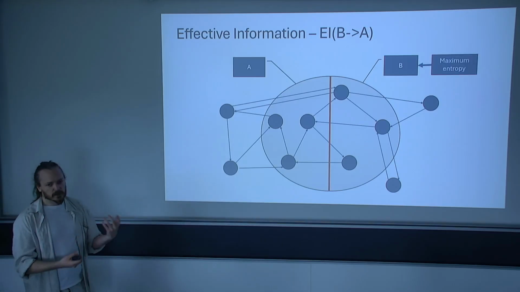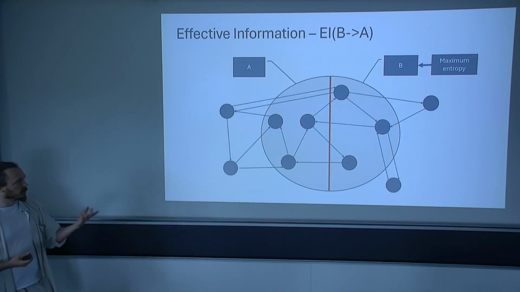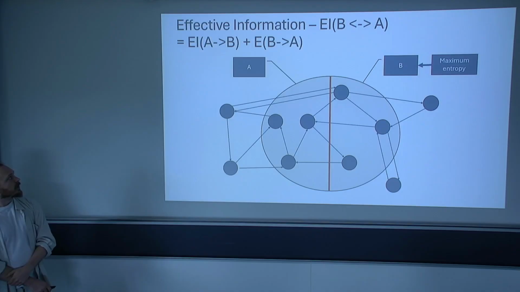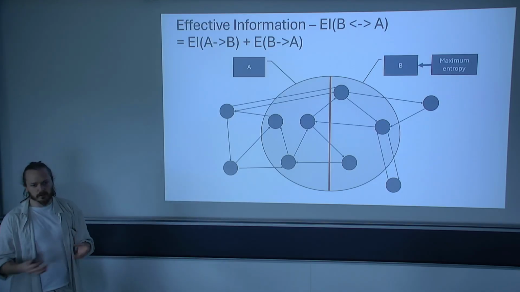This is not symmetric, so if you want to compute from the other direction, you need to do the same procedure. The effective information of a subset is just the sum of both directions.